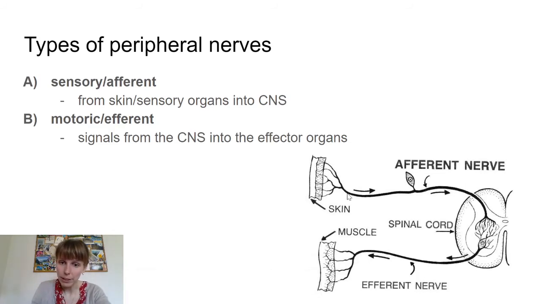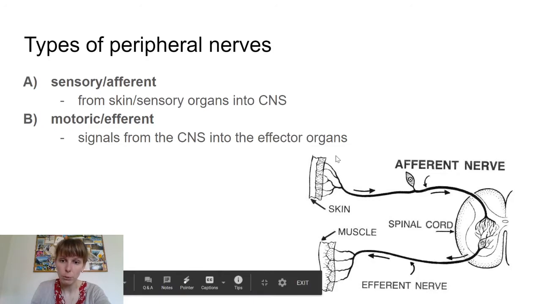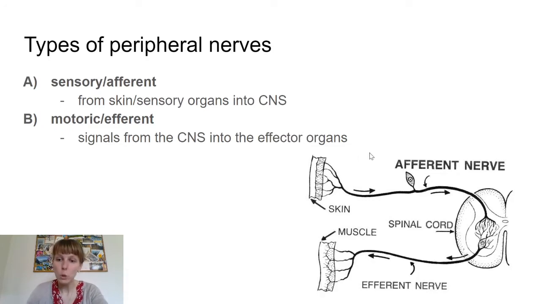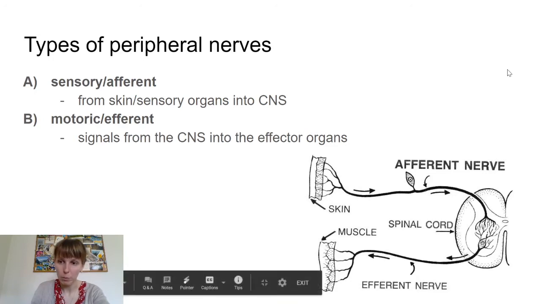Some reflexes are really this fast because we need them to be able to protect ourselves, but usually it's not this simple, and you get sensory information coming in, and then from the spinal cord it goes to the brain, then from the brain some other information can go out and into motoneurons, and so it doesn't have to be just one synapse, but it can be many more.